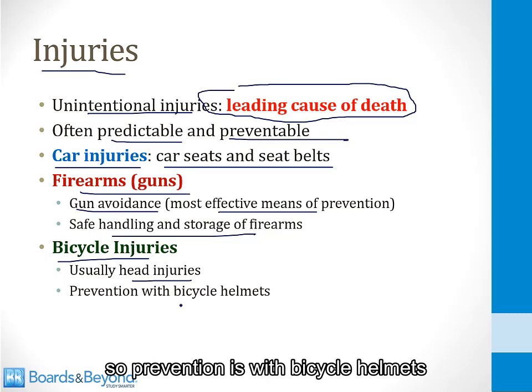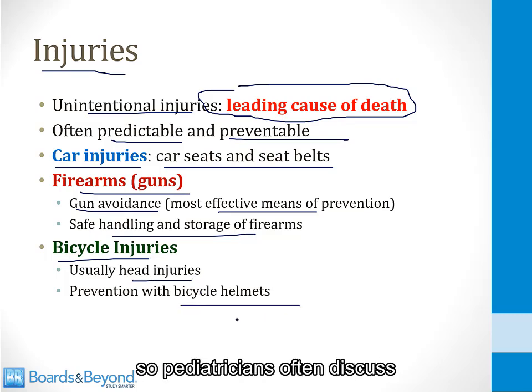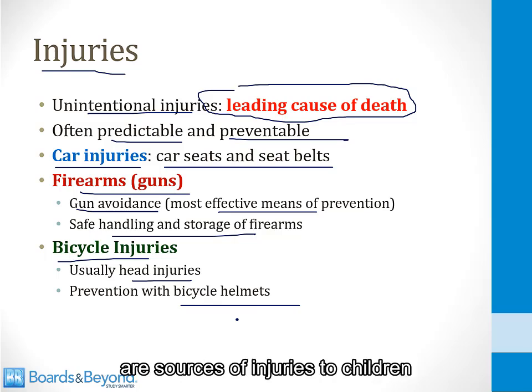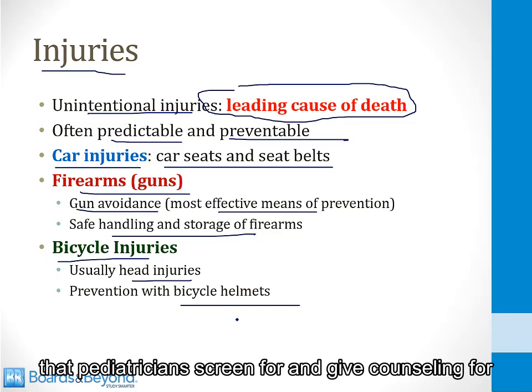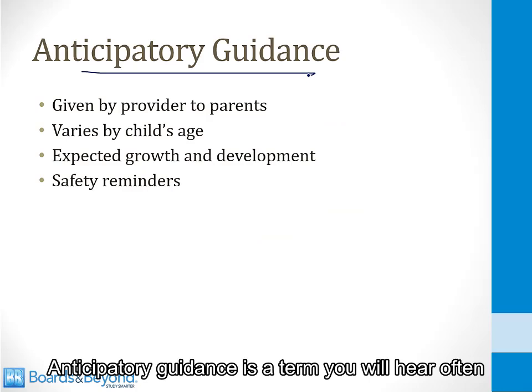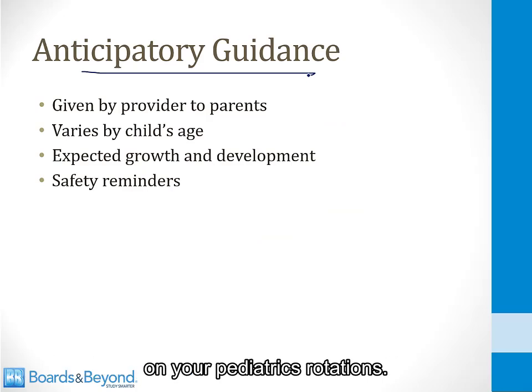So prevention is with bicycle helmets, so pediatricians often discuss bicycle helmets with families. So all of these things, car injuries, firearms, and bicycle injuries, are sources of injuries to children that pediatricians screen for and give counseling for in order to avoid the most common cause of death among children, which is unintentional injuries.